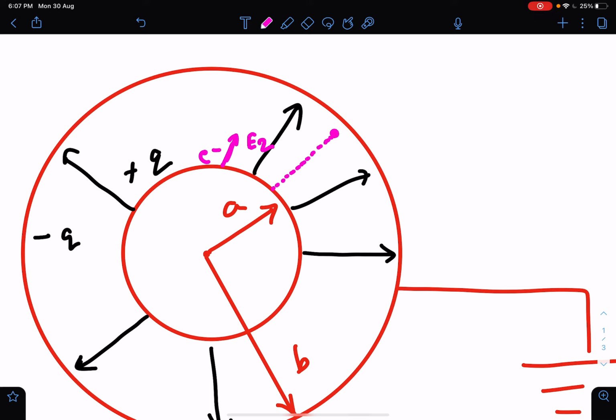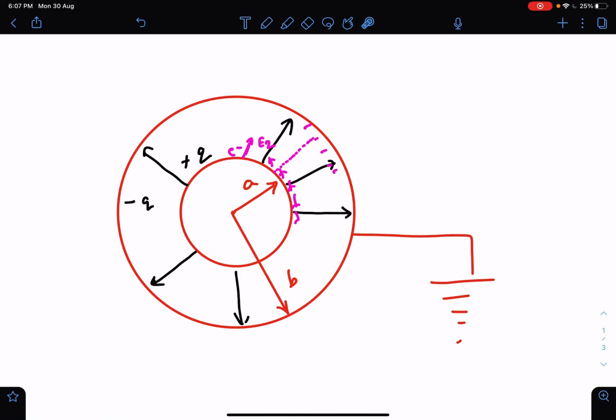So if they lose all this velocity before reaching the outer sphere, then because of this positive charge and because of this negative charge, these electrons will come back. And so we can say that the further ejection of electrons is not possible. So what is the limiting case here? The limiting case is that even the fastest moving electrons are not able to reach the outer sphere.